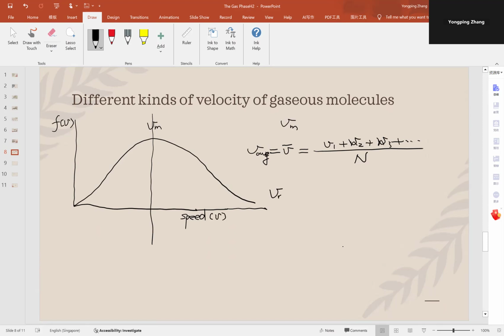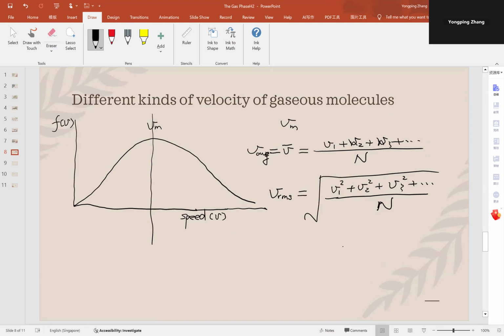Root mean square: take the square, the mean, and the root of this number.